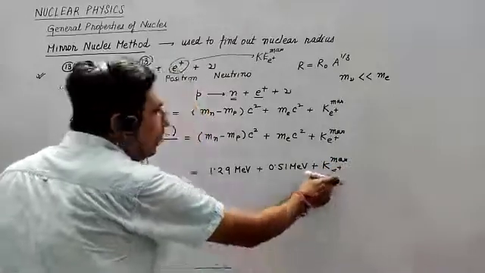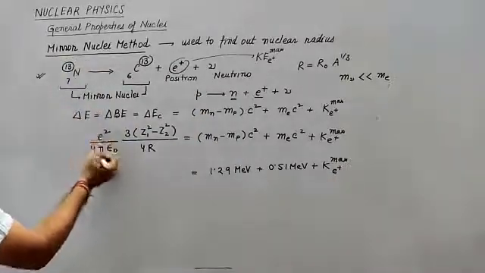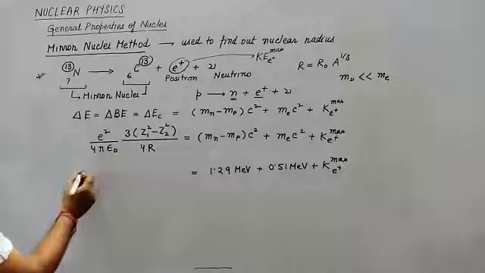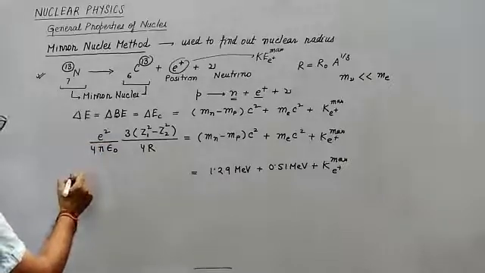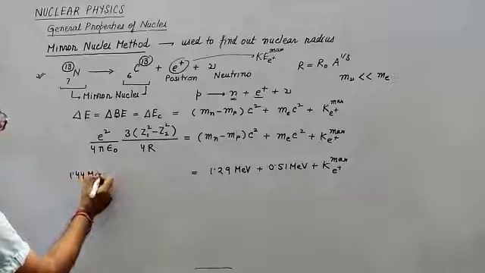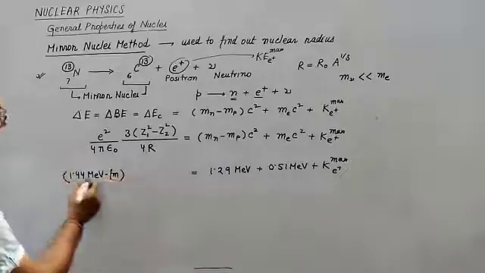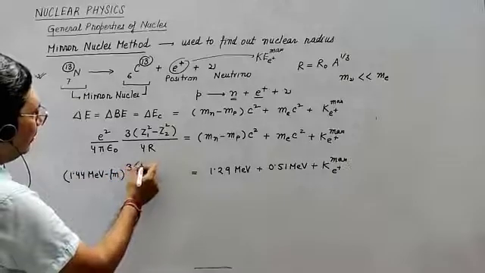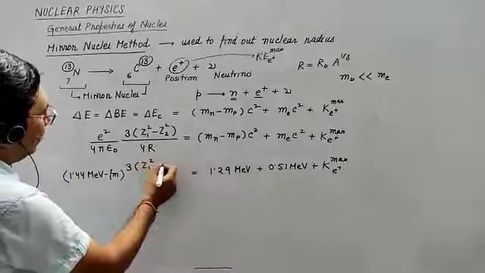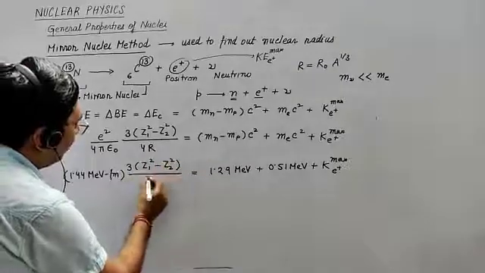Substitute that value in MeV here and equate this term e square upon 4 pi epsilon naught, which is 1.44 MeV Fermi, into 3 times Z1 square minus Z2 square upon 4R.